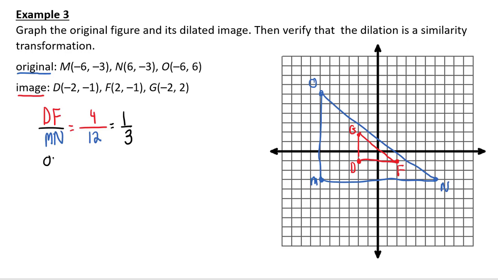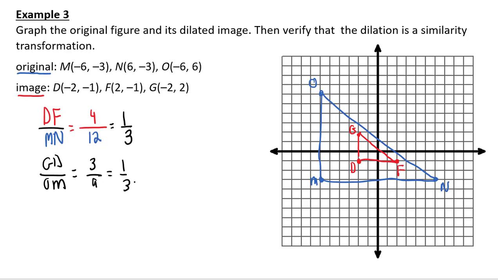Let's check OM. I lied, I don't want to check OM. I want to check GD to OM. Well, GD is the length of 1, 2, 3, over OM, which is 1, 2, 3, 4, 5, 6, 7, 8, 9.